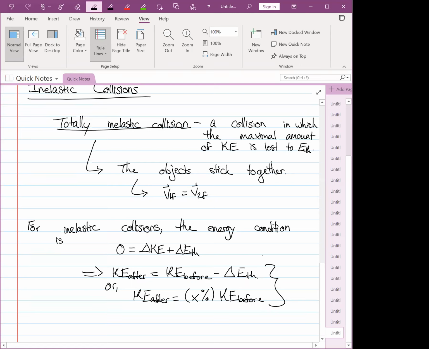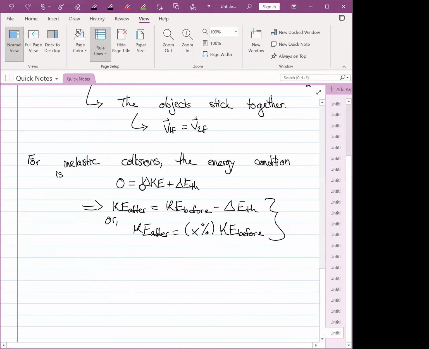So in one dimension, we can write our inelastic collision and our totally inelastic collision equations. For inelastic collisions that are not totally inelastic, our equations look something like this. We would have momentum conservation, as always.